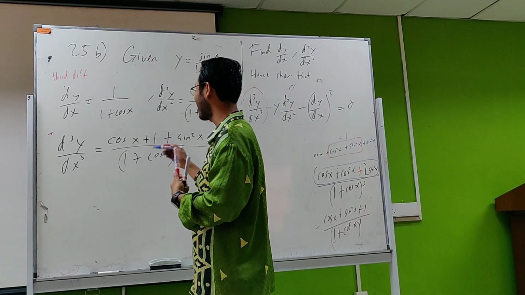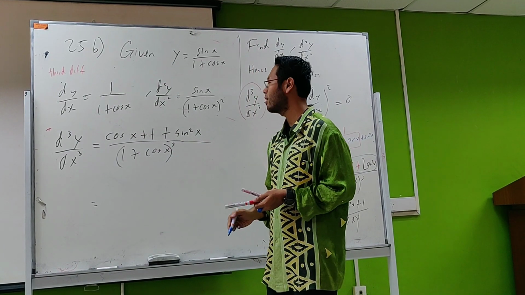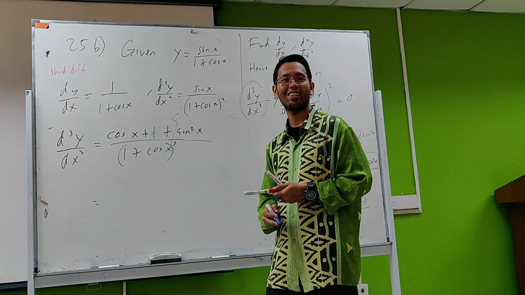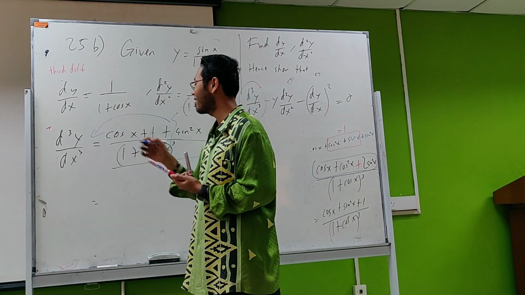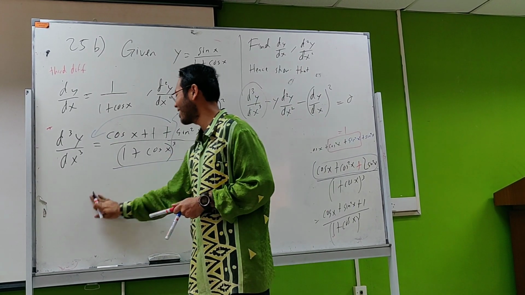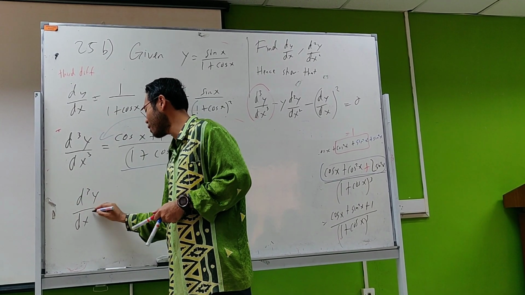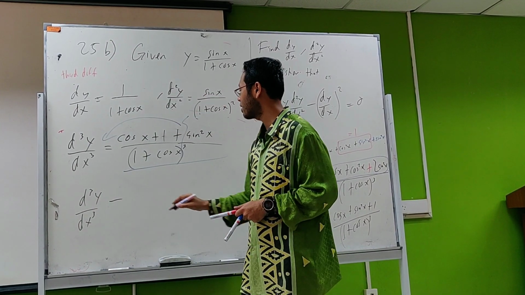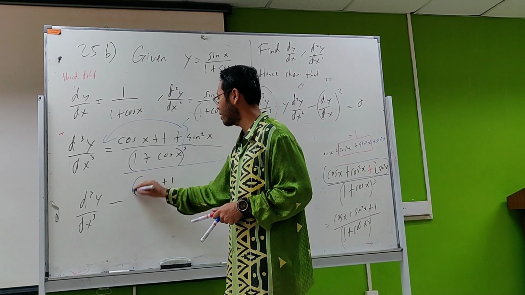Okay, so let's try. This thing here, but you got the rest here. That means I can split them apart. So let's try. Bring everything on the left side as well. d cube y dx cube minus (cos x plus 1).